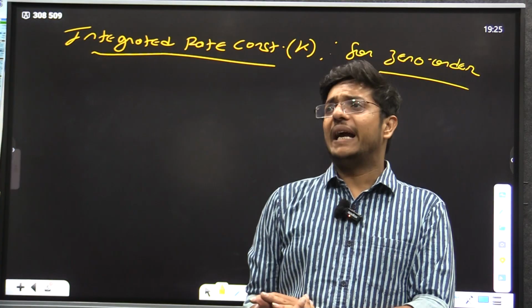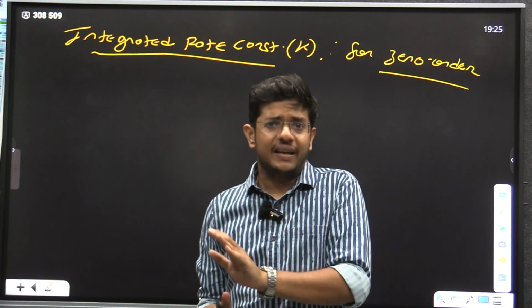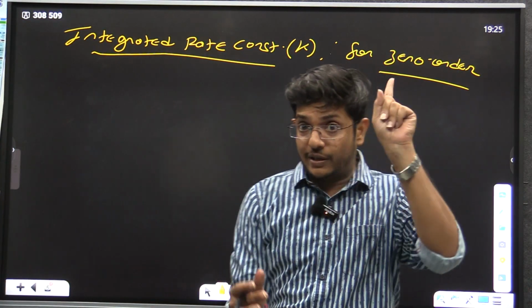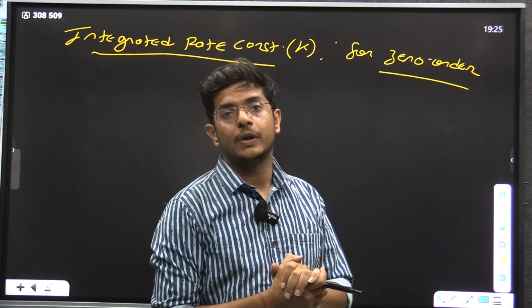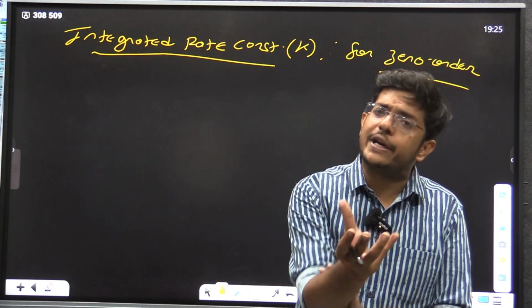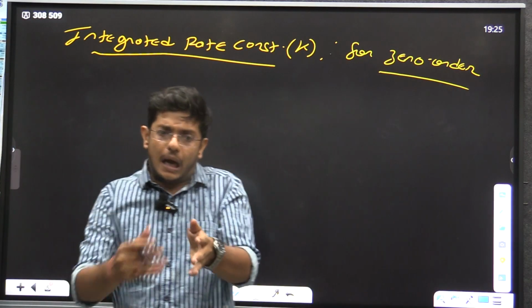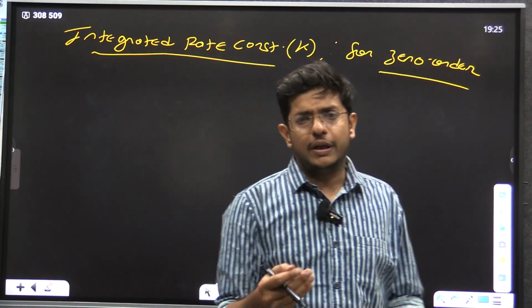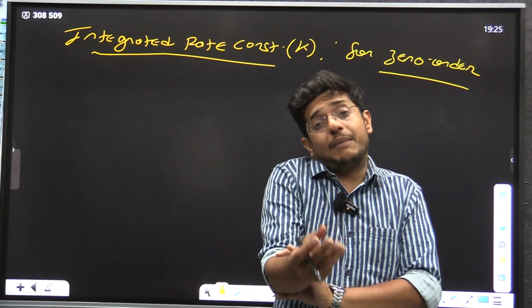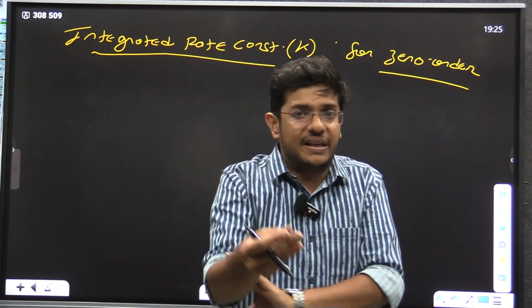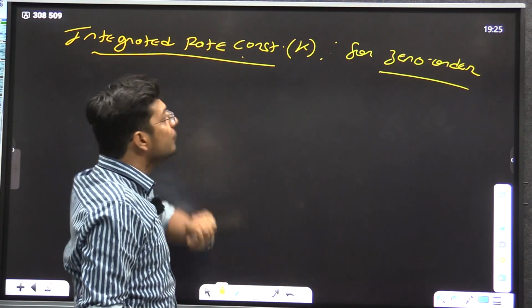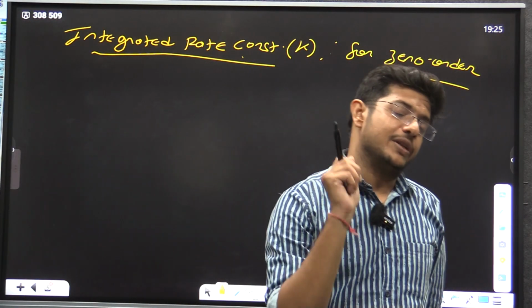Actually, dear, the integrated rate law is nothing but a mathematical expression of the differential law. It helps us predict how much of the reactant has reacted and how much is left. If one wishes to calculate how much product is formed, this can also be calculated with the help of the integrated rate law.